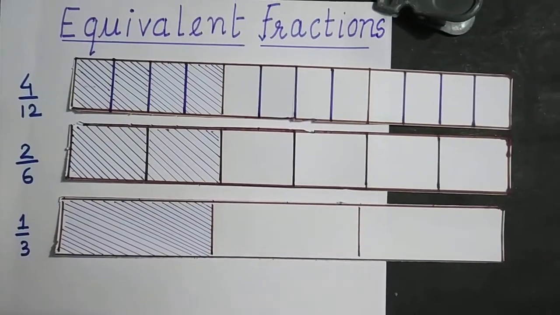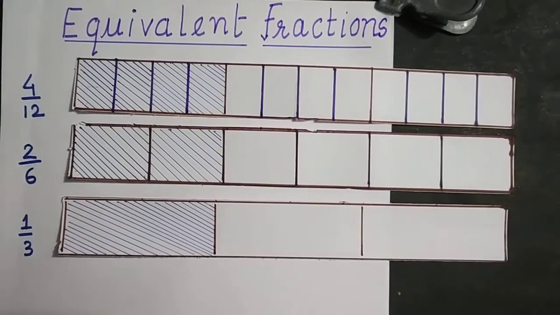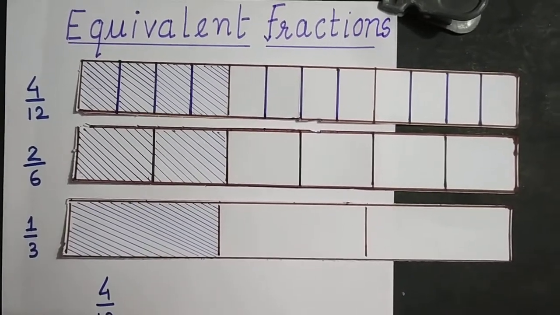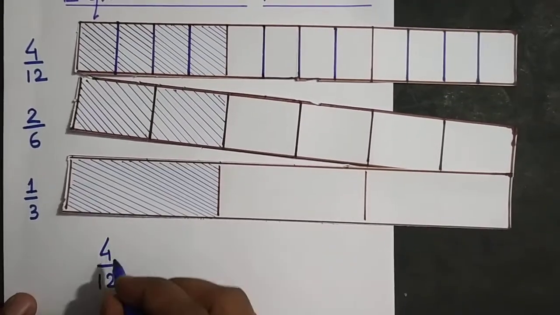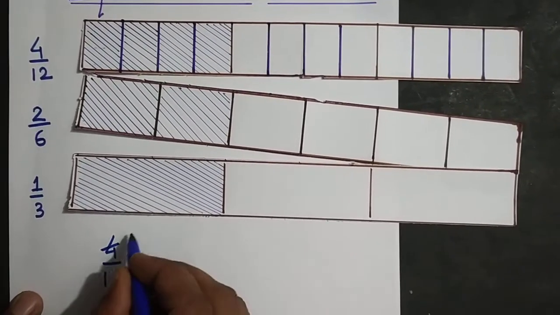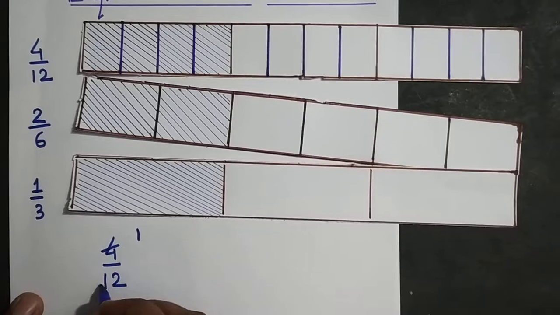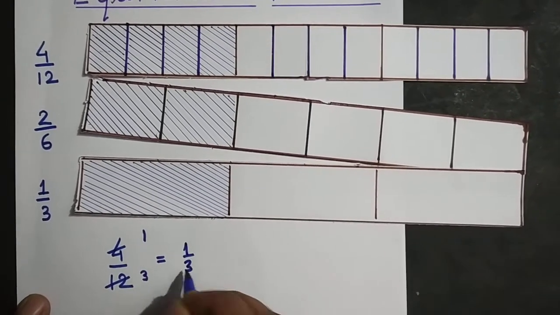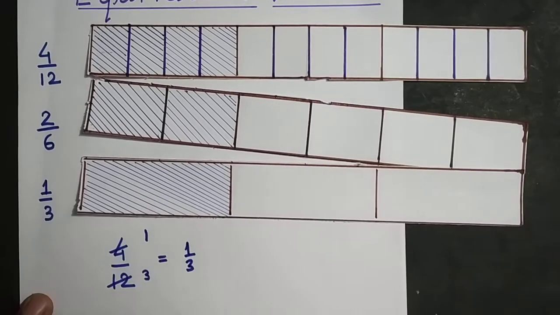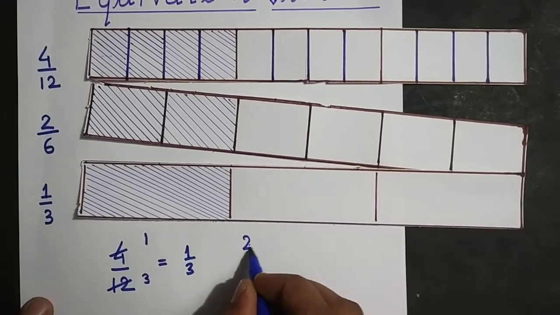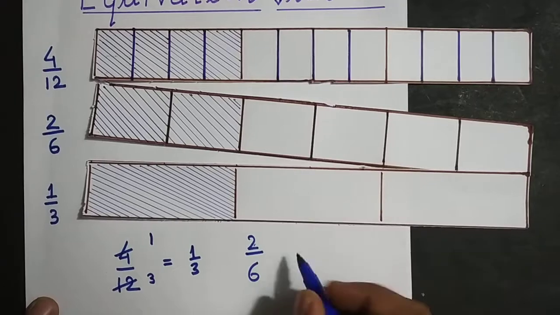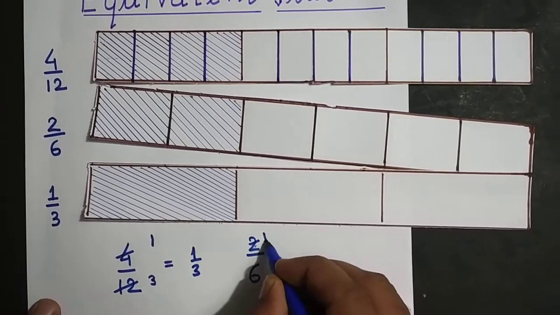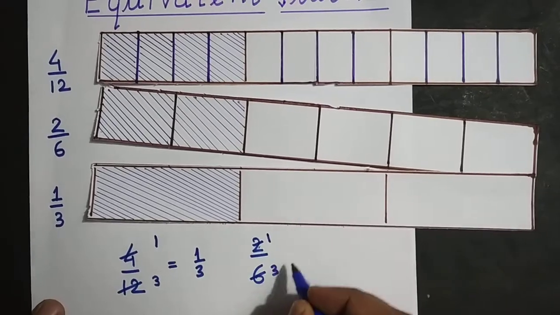हम ऐसे भी देख सकते हैं how these 3 are equal. Suppose like 4 by 12. अगर हम 4 by 12 को रिड्यूस करते हैं और लोवेस्ट फॉर्म में लिखते हैं, 4 1 जा 4, 4 3 जा 12. Can we write 1 by 3? 1 by 3. Now see 2 by 6. Can we reduce it into the lowest form? 2 1 ja 2, 2 3 ja 6.